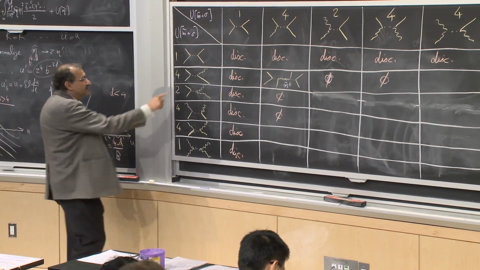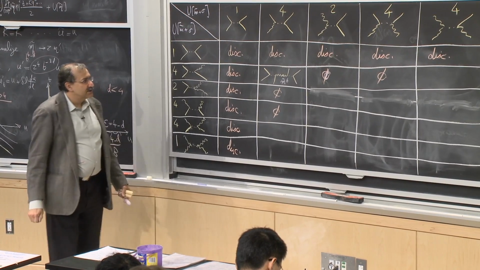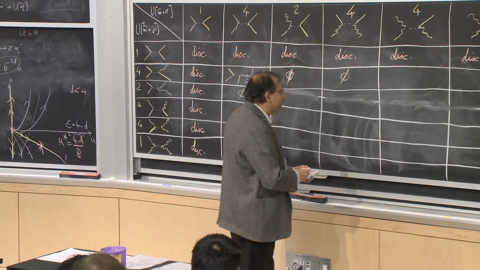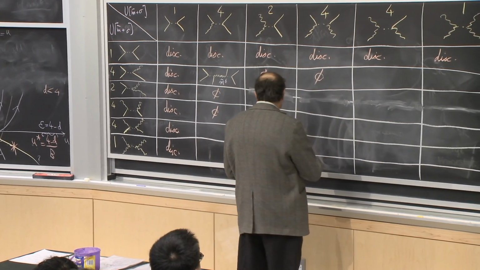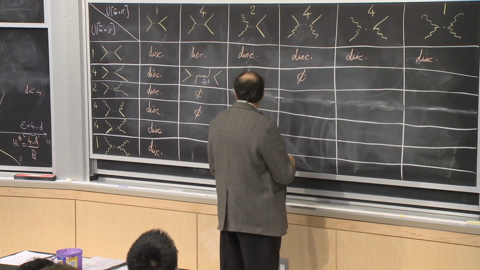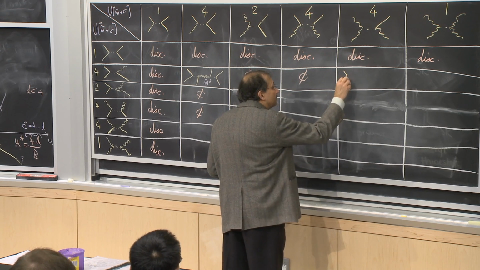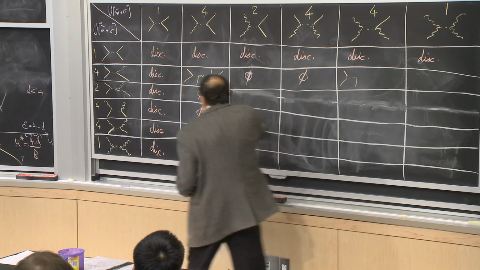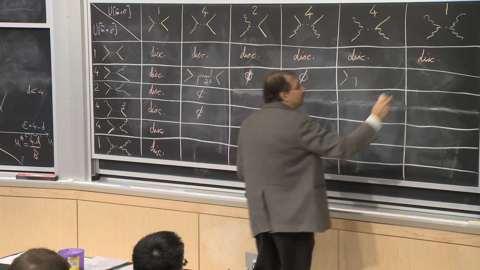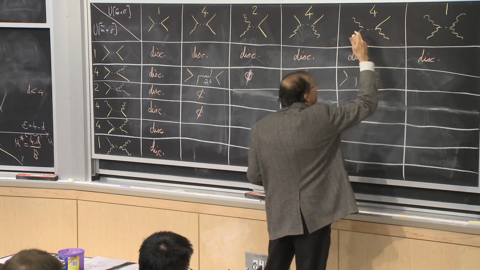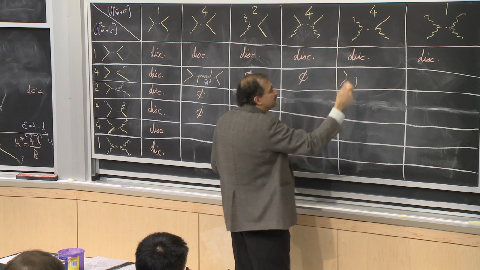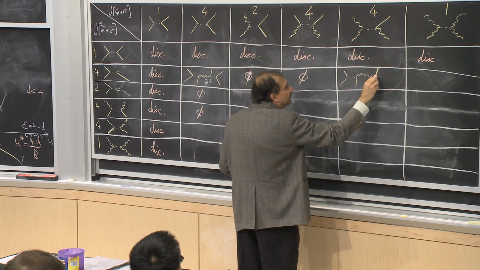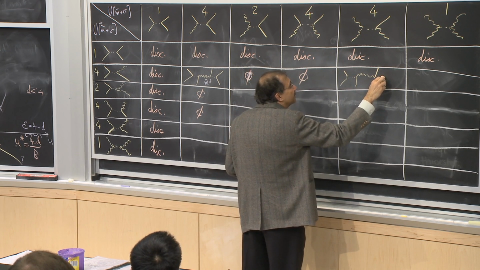Next diagram, I can somehow join things together and create something that has 4 legs. It will look something like this. I will have this leg. This leg can be joined, let's say, with this leg, giving me something out here.